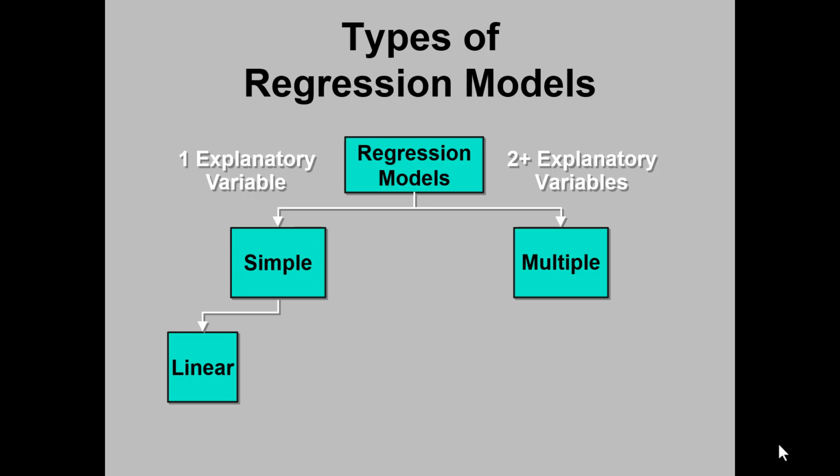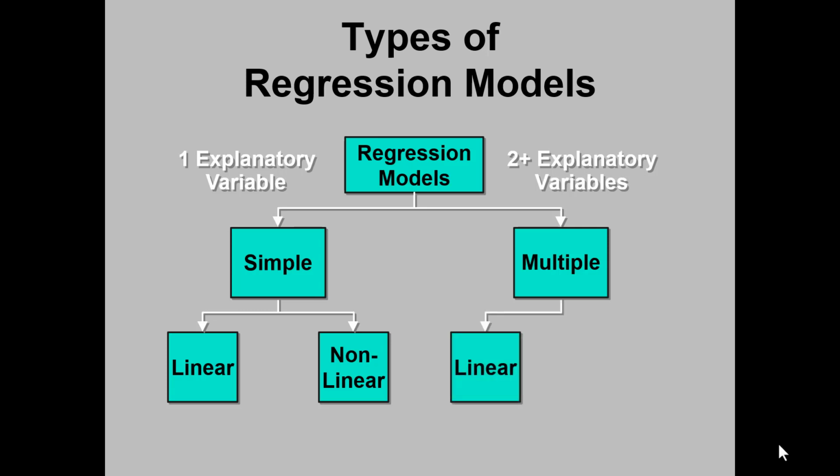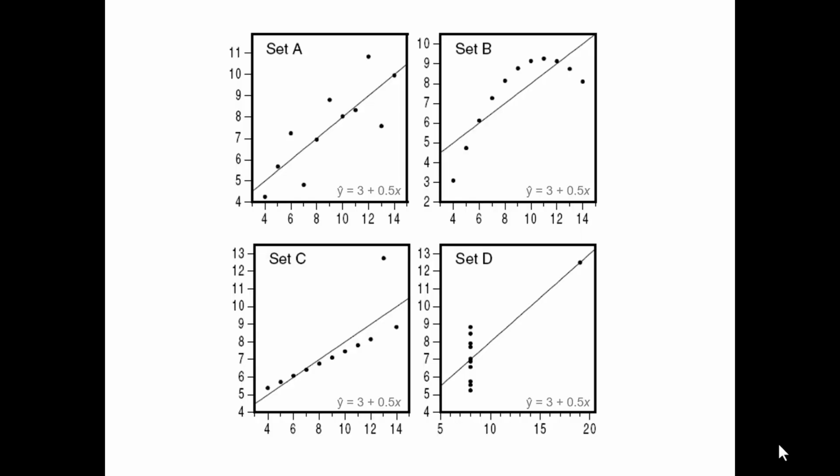In some cases, you have a bivariate regression that is a linear relationship. That's probably the simplest regression model. But in some cases, you have a nonlinear relationship. And so with multiple regression, you have linear multiple regression, and then you have multiple regression that's nonlinear. So we'll take a look at some examples.